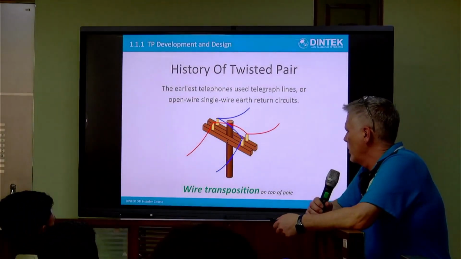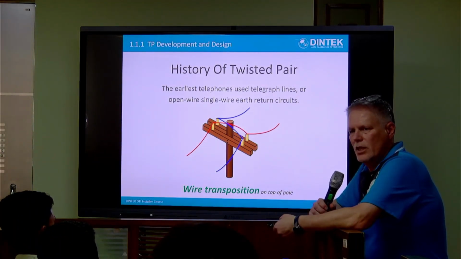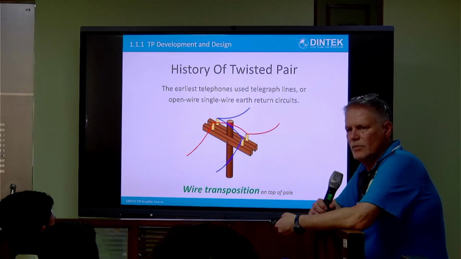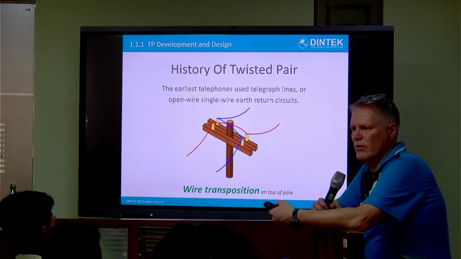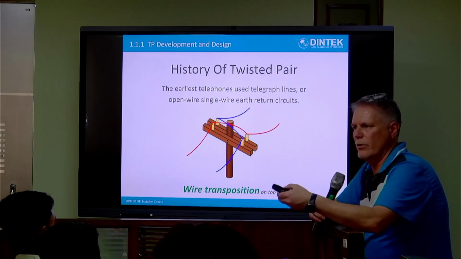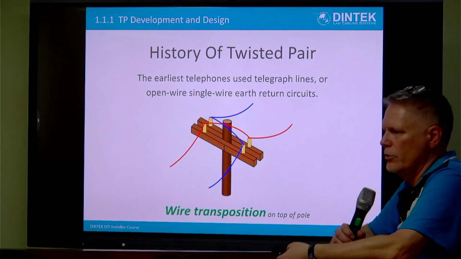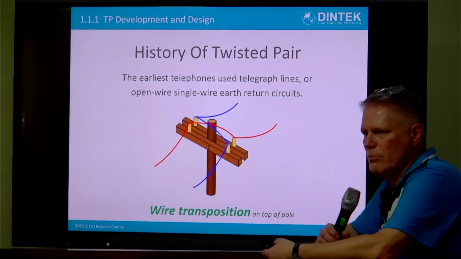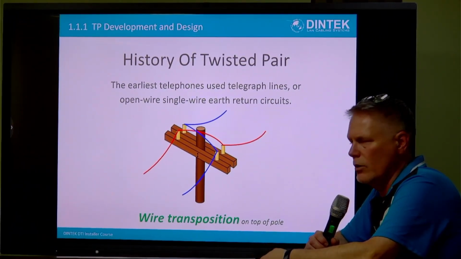What happened though, when they started to bring electricity online, they were running electricity on the same telegraph poles. And what was happening was the electromagnetic forces from the electrical cables were causing interference on the telegraph lines. So it was inducing voltages, and that was disrupting the telegraph signals running along the lines.